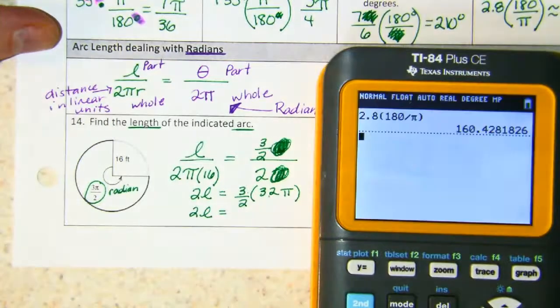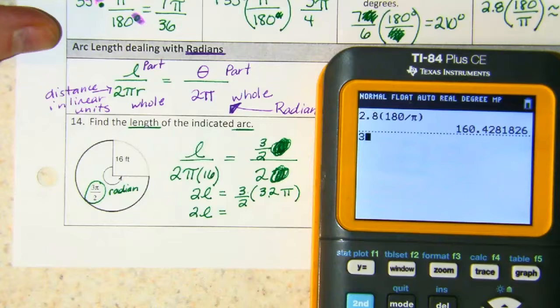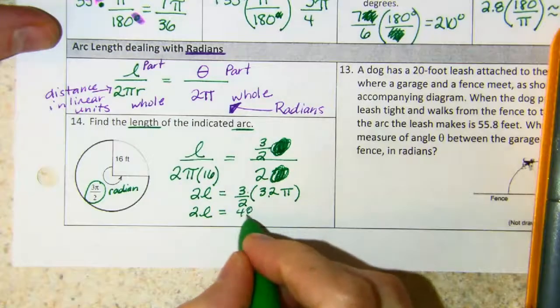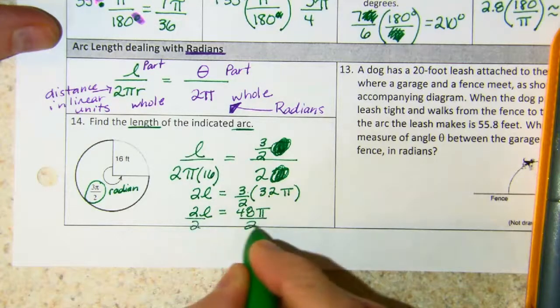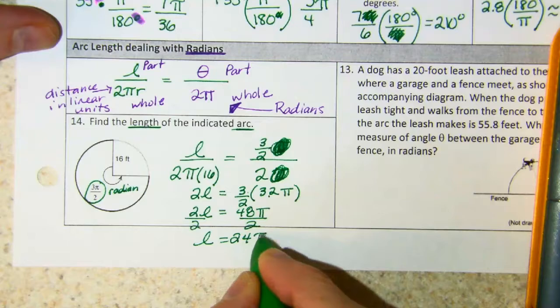We can do that without a calculator if we just divide 2 into 32, but if you don't feel comfortable doing that, then you can just say 3 halves times 32, keep that pi in pi form, so that's going to be 48. So 48 pi, divide by 2, so L is going to be 24 pi.